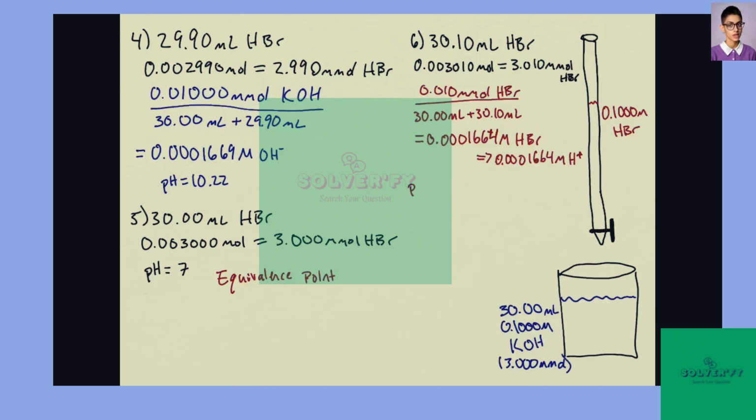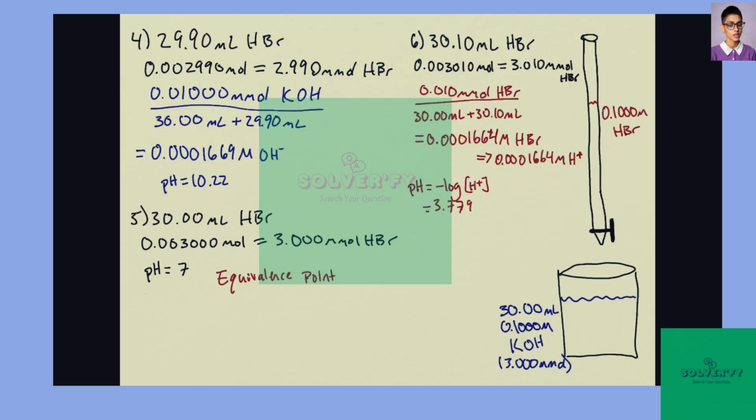And now we can solve for our pH, since pH is the negative log of the concentration of H+, and we get a pH of 3.779. So now we've passed the neutral equivalence point, and we're continuing to add acid, making the solution's acidity increase, and therefore the solution's pH decrease.